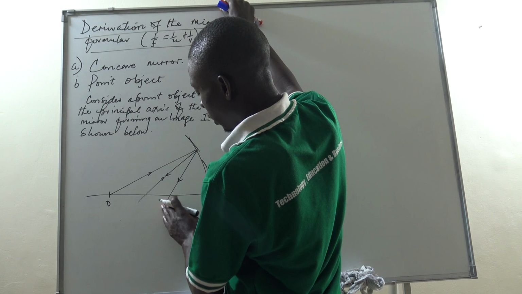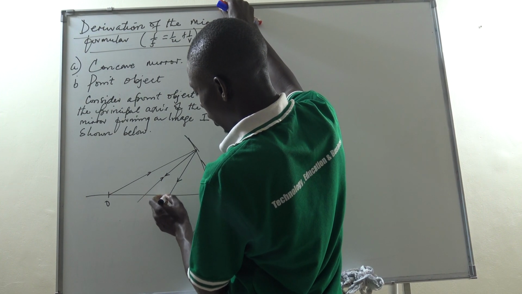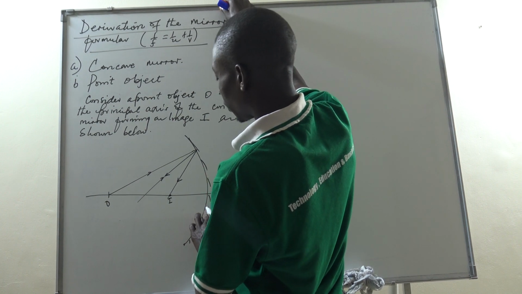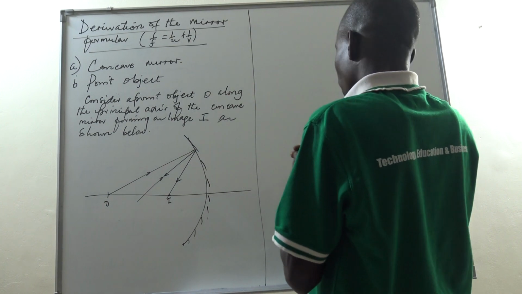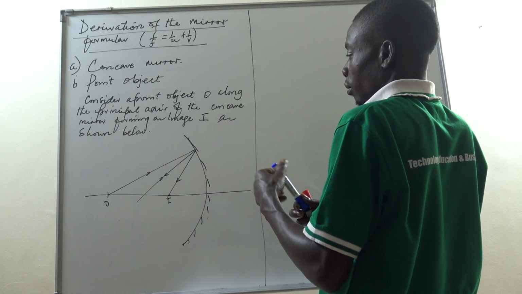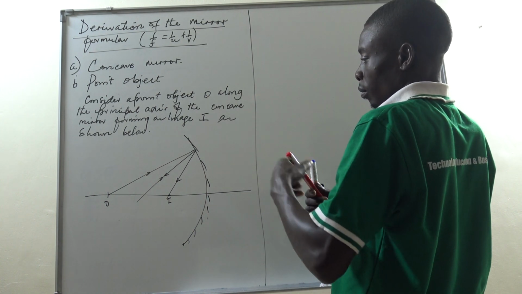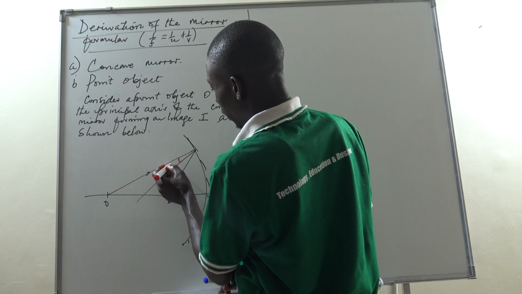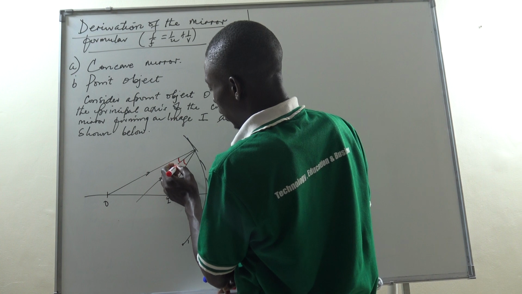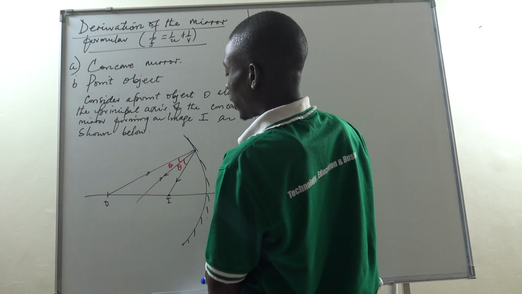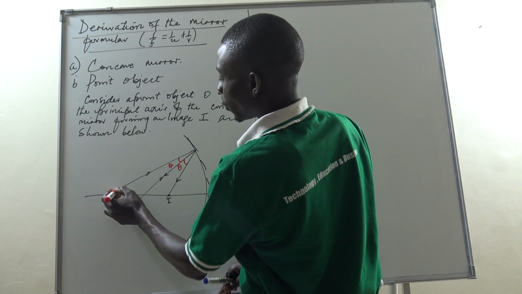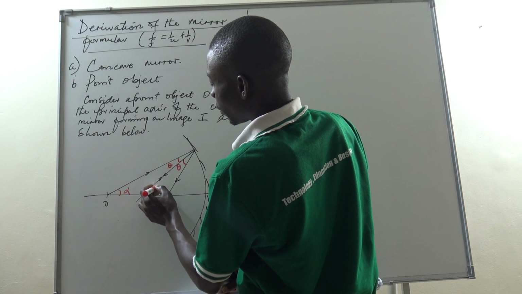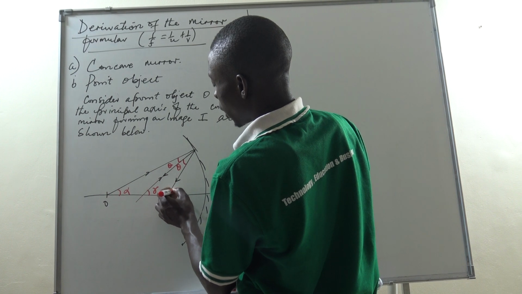As a result my image I is here. This angle here, because if this comes and gets reflected, this angle is theta, and this will be theta as a result of the laws of reflection. This one can be alpha, this one can be gamma, this one can be beta.